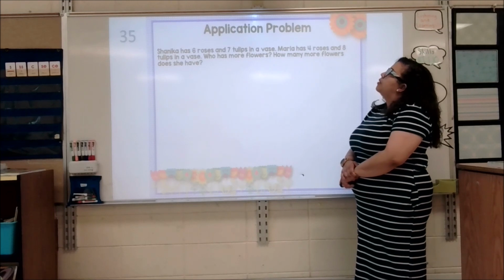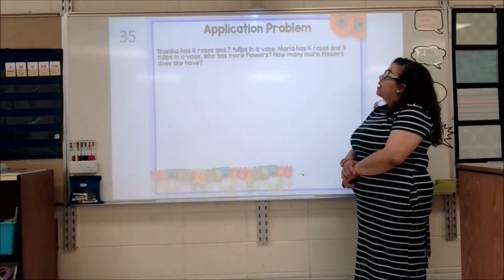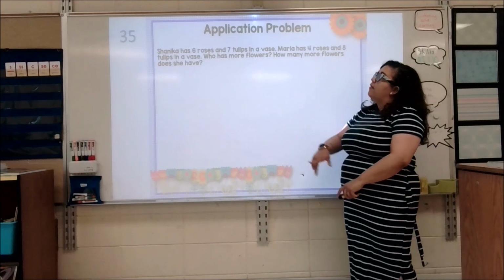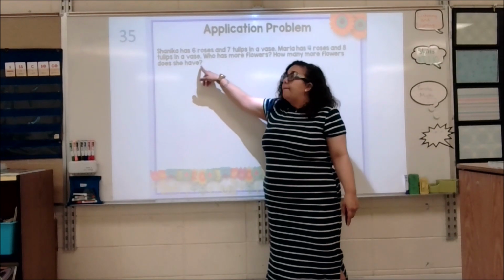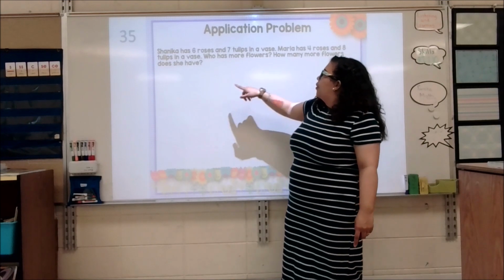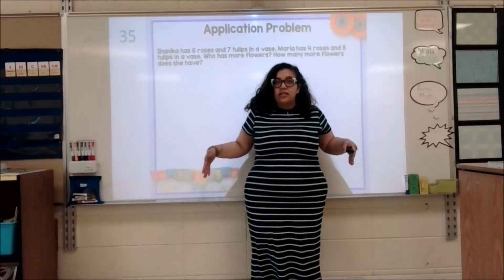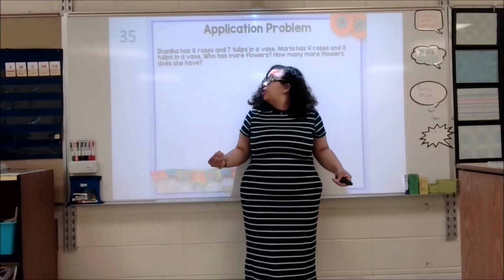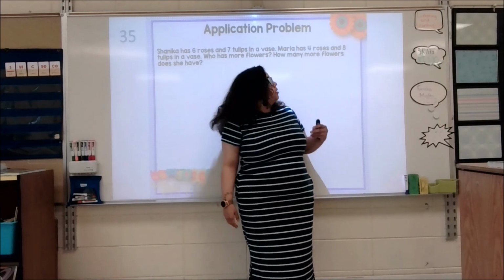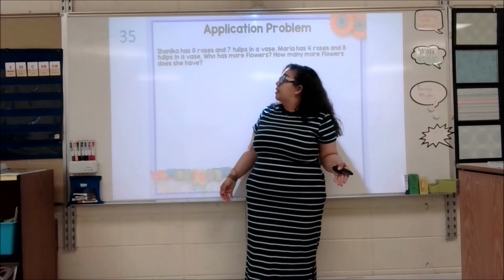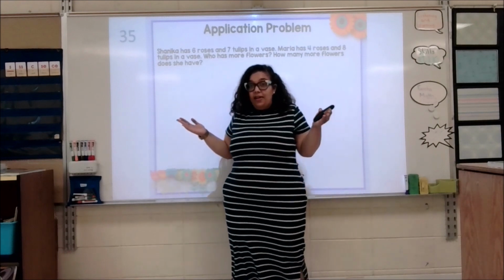Maria has 4 roses and 8 tulips in a vase. Who has more flowers, and how many more flowers does she have? So notice 2 question marks, meaning 2 sentences that are questions. So there'll be 2 little dots to let you answer each part. Who has more flowers? How many more flowers does she have? Let's find out.